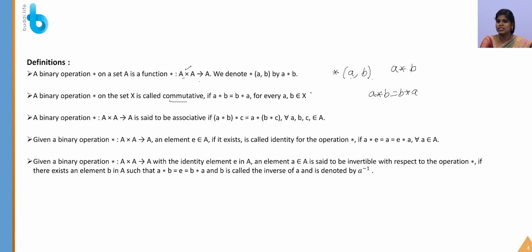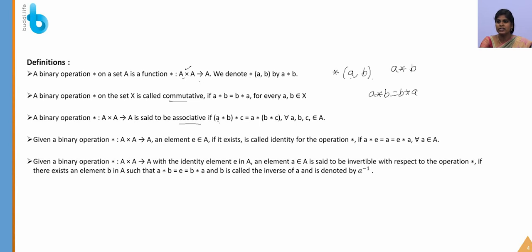Then next, a binary operation star from A cross A to A is said to be associative if (a star b) star c is equal to a star (b star c). This is the associative property. You have already learned this in the previous classes, that is, primary classes. If you change the order while doing the operation, you will get the same value.